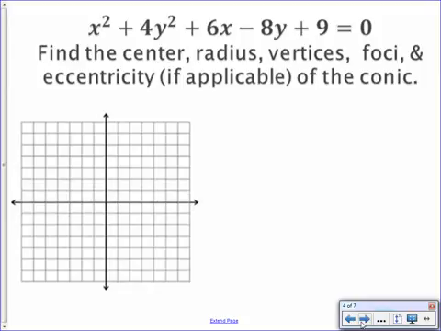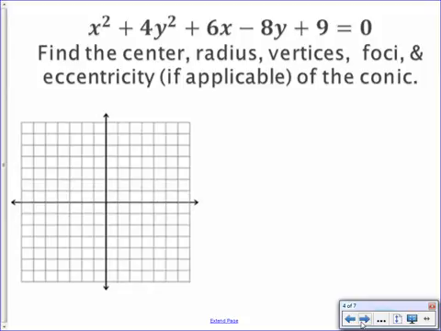Okay, so we know we need x minus h squared, and we know we need y minus k squared. All right, so what are we going to have to do to get an x minus h squared? Complete the square. And what are we going to have to do to get a y minus k squared? Okay, so we have to complete the square twice in this example. Okay, not a problem because we're rock stars at it.